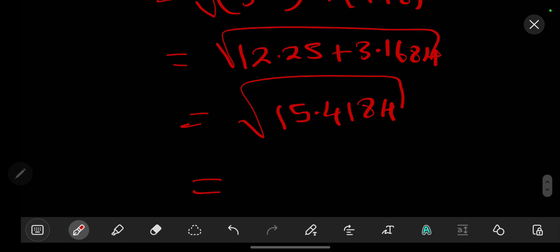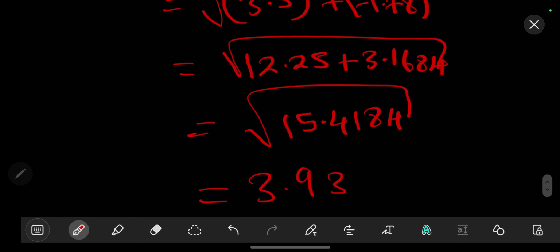The square root of this is 3.93 meters per second.